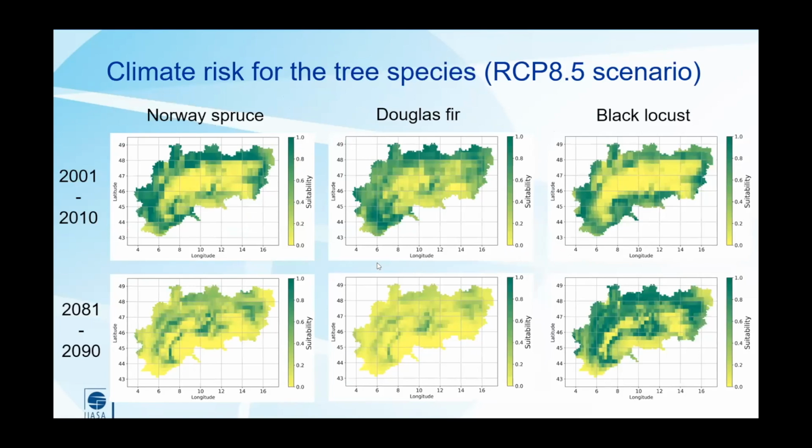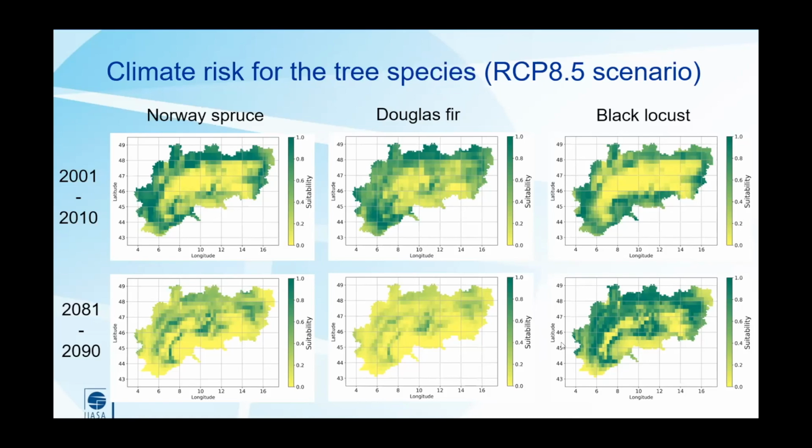We did similar work for different species. Here you can see 3 columns: Norway spruce, a native species, and 2 American species, Douglas fir and black locust. In the first row, you can see the current climate, how the species like the current climate, how they are distributed.